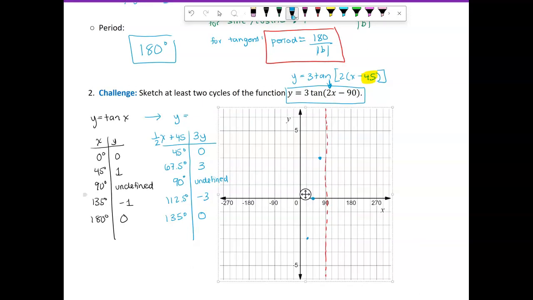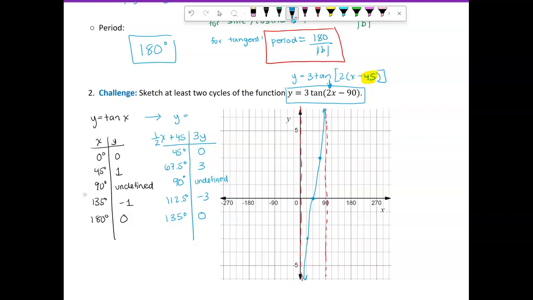So our next point will be at 3, halfway between the 0 and the asymptote. And then the other asymptote was now here, and halfway between that would be our -3 because it was vertically dilated by a factor of 3. And so we have one cycle of a tangent function right here.